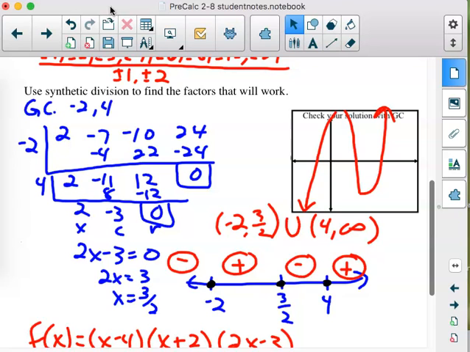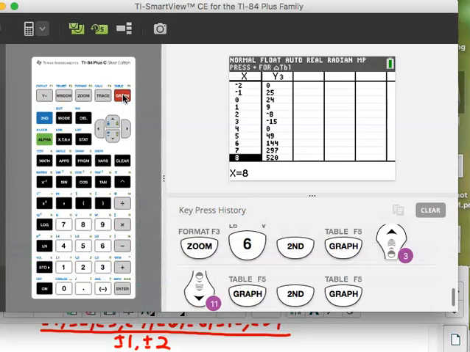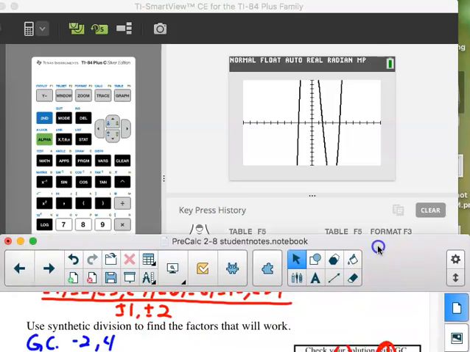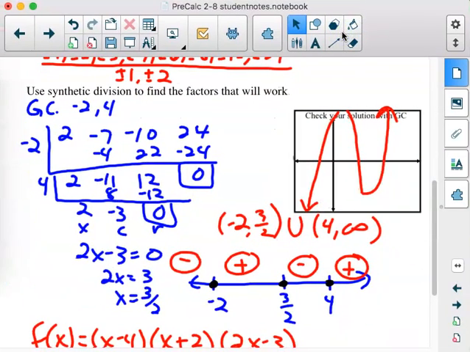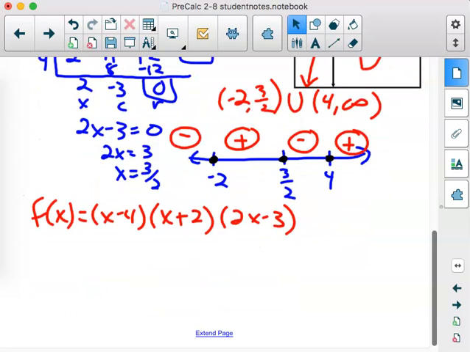So you go ahead and you plug it in, and then you check your table. And we had a 0 at -2, and we had another one at 4. So those were nice ones to just start us off to get that last one. All right, so analytically, it's thinking a little bit different than the algebraic because we did have to use the graphing calculator to get us a good start there.